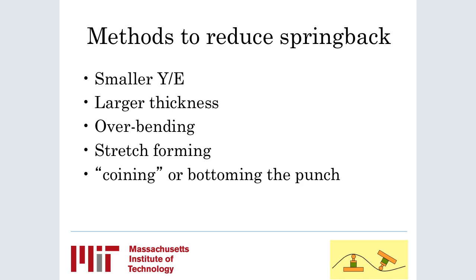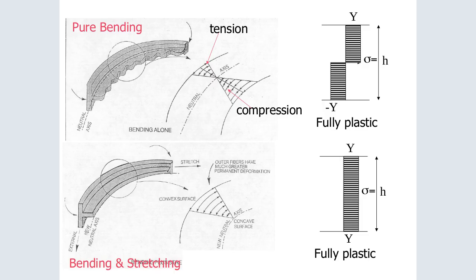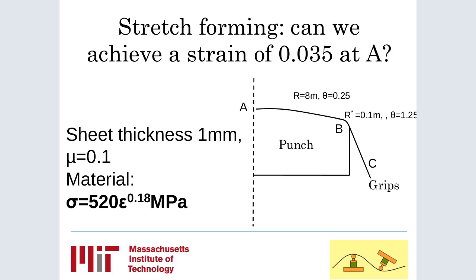Methods to reduce the springback, that is the smaller yield, larger thickness, the overbending, the stretch forming, coining, and the bottoming the punch. You can see the pure bending is there, the tension, the compression, bending, stretch. Fully plastic is there.